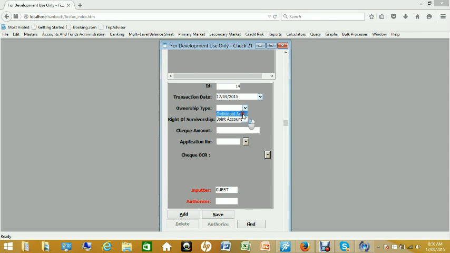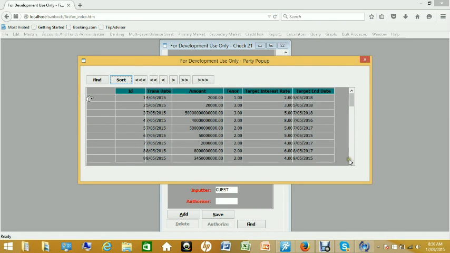Ownership type individual account. Right of survivor, yes. Check amount, let's enter as 30,000. Application number, 45.